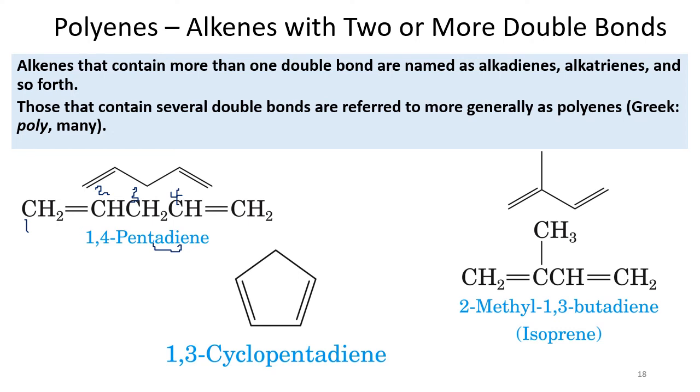But counting here, because we have a substituent, we are limited to which side we start counting on. If we count from the left, we get 1, 2. We run into the substituent first, counting from this side, as opposed to counting from the other side.